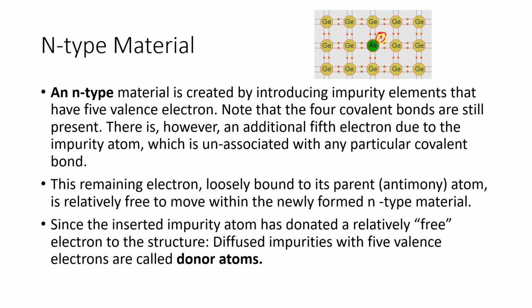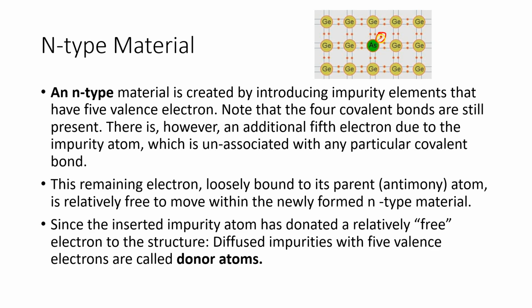So you see this one right here? Because arsenic is in group 5, it means that it has 5 electrons. 4 are going to go towards the sharing of electrons. Then there's going to be not really a void, but in a sense, an extra electron.